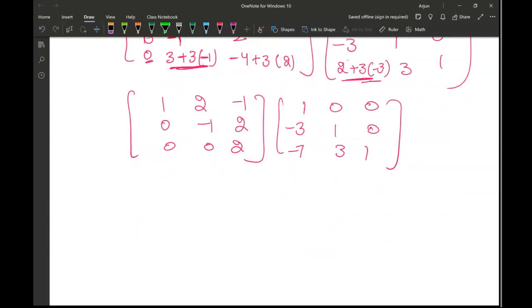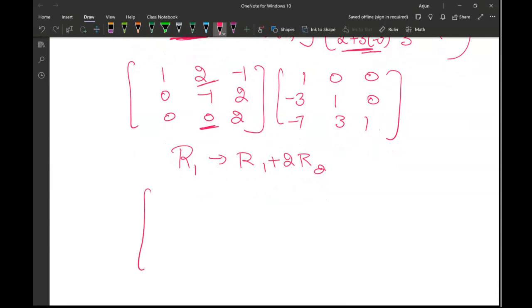Now the next operation I will apply is on R1, R1 plus 2R2. So I've made this 0, and now I'm going to try to make this one 0. So this will be 1 0 0. R1 plus 2R2: 2 plus 2 times minus 1, which automatically will be 0.